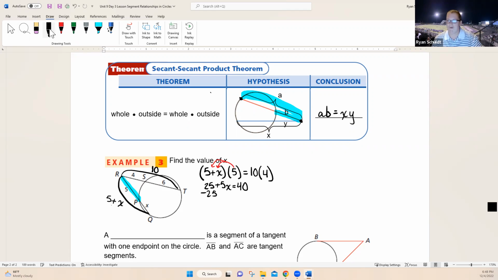Move the 25 over. We have 5x equals 15. Divide by 5, and we get x equals 3. Are we done? Find the value of x. Yes, we're done. X equals 3.